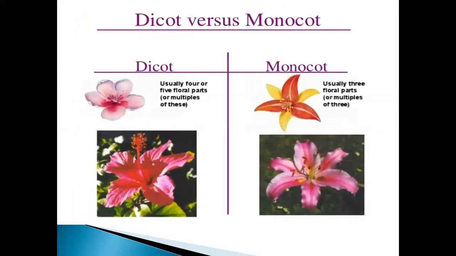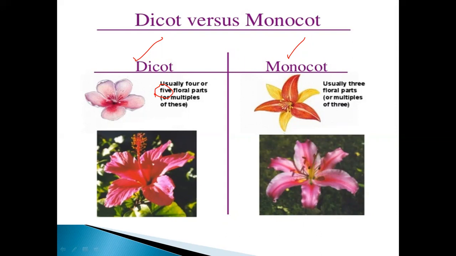If you see here dicot versus monocot, if the seeds are dicot and monocot, definitely they arise from dicot or monocot flowers. So there are differences between dicot and monocot flowers as well. In dicot flowers, the floral parts are always five or multiples of five, means the table of five: 5, 5 twos are 10, and like that.